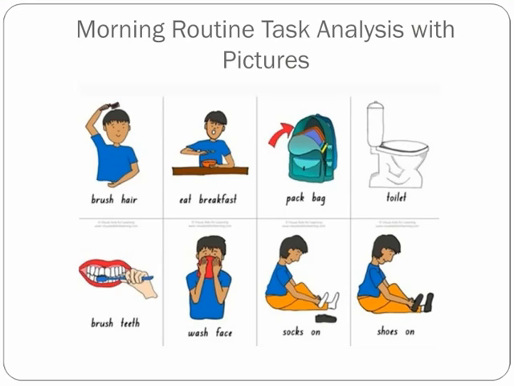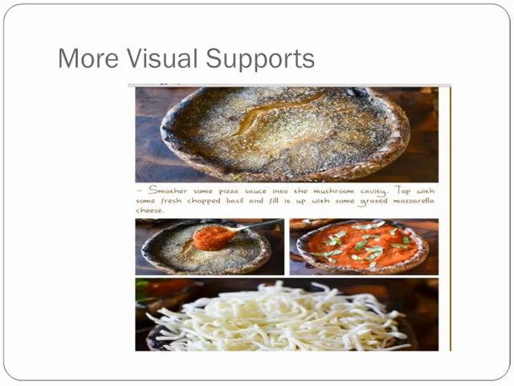Here's an example of a morning routine task analysis with pictures. This still breaks down the steps for the student and just adds that picture representation. Using visual supports is very common in using task analysis for students with disabilities. But also, visual supports are used in making recipes.